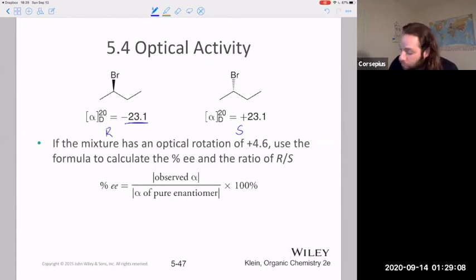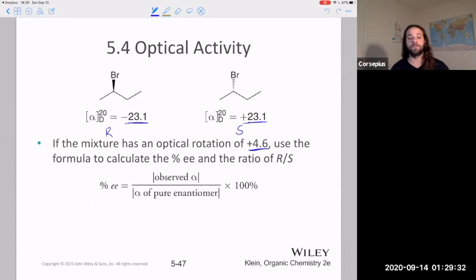If I had my pure S, it would rotate light positive 23.1 degrees. But I have a mixture, and I don't know how much R and S there is in there. That's what we want to figure out. But I stick it in this machine, and it rotates light positive 4.6 degrees. So first of all, which compound do you think it has more of? Should be the S isomer, right? Because this is positive and this is positive.